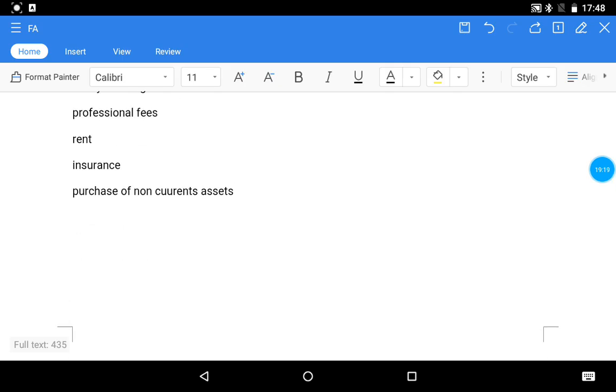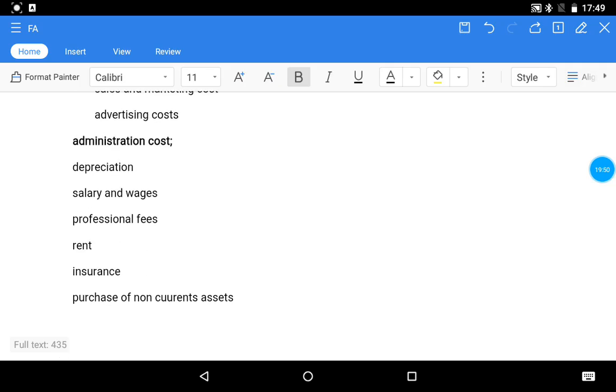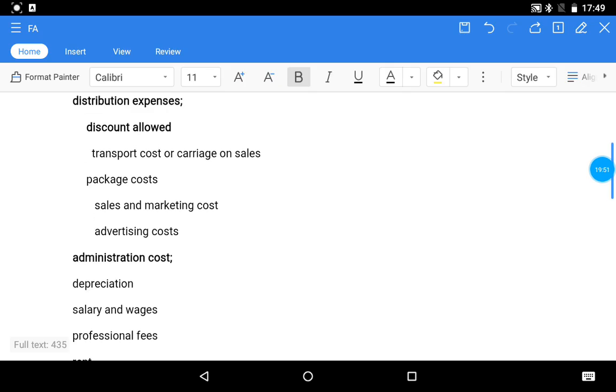So after administration expenses, we are going to other elements of financial statements. But specifically now we are going to look at those that we find in the financial position. The first ones, revenue, income, sales, expenses, and distribution costs, are specifically for the income statement.